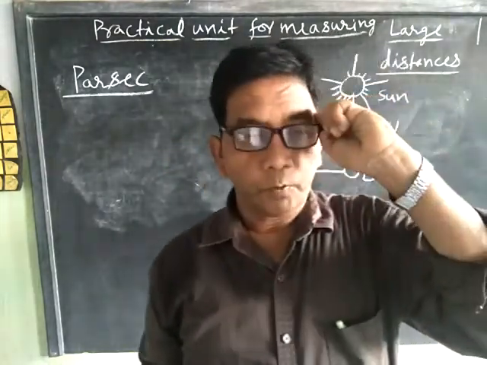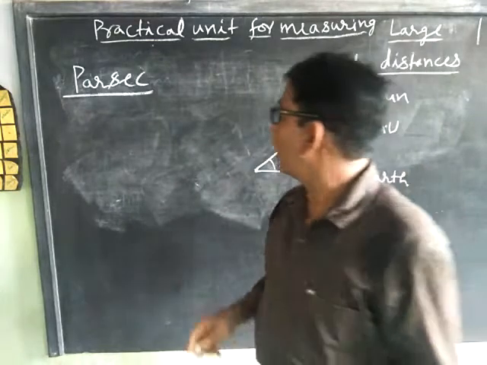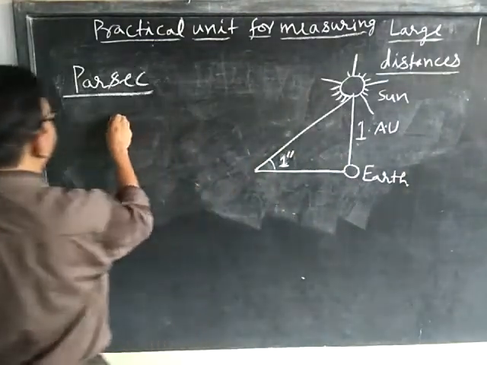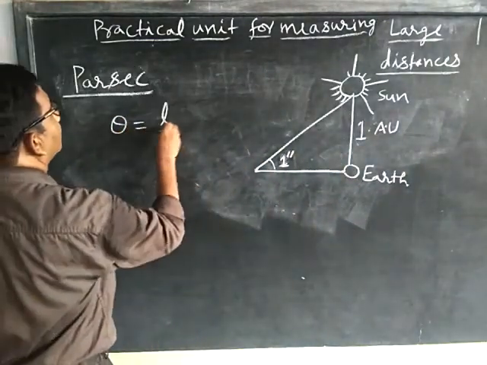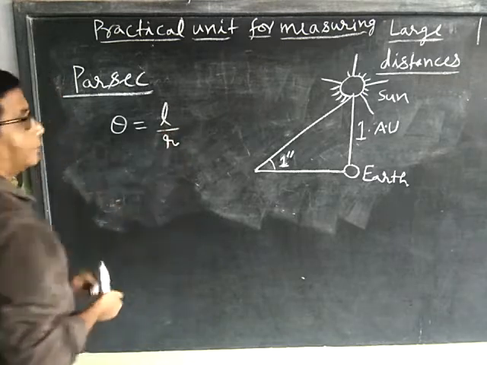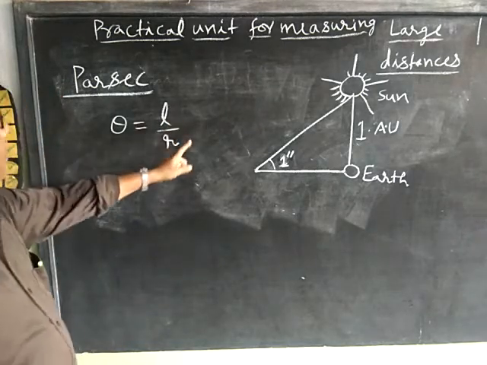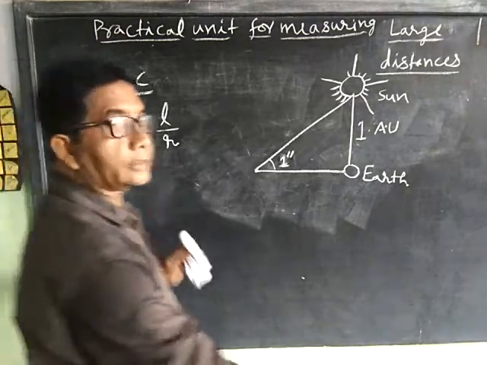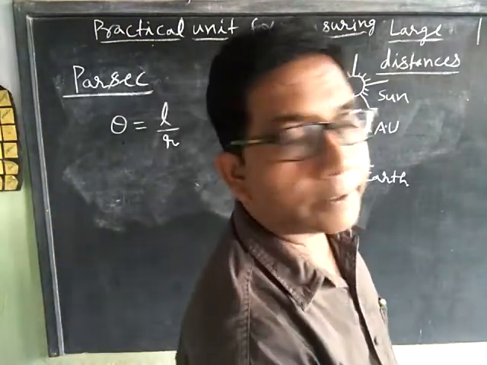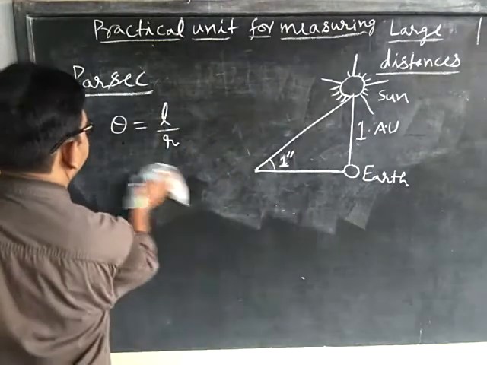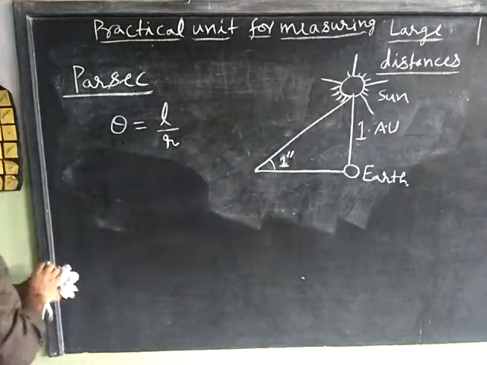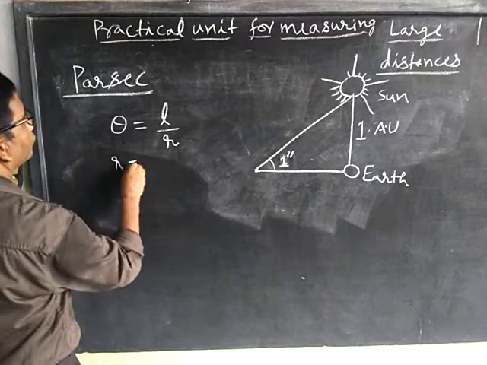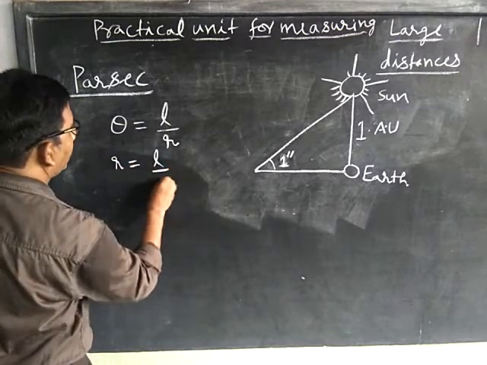Now angle theta is equal to L upon R, that is, length of arc upon radius. Now we can write R is equal to L upon theta.